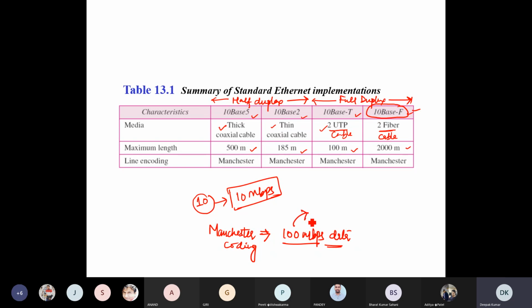But for the transmission of 100 Mbps, it requires 200 megabaud of bandwidth of the medium.